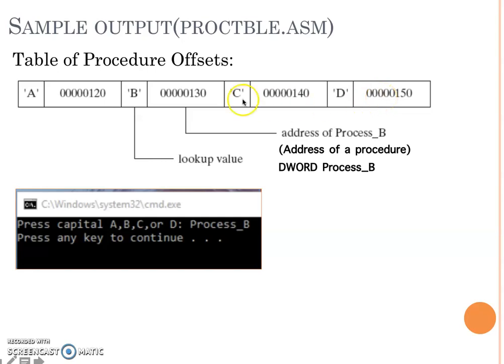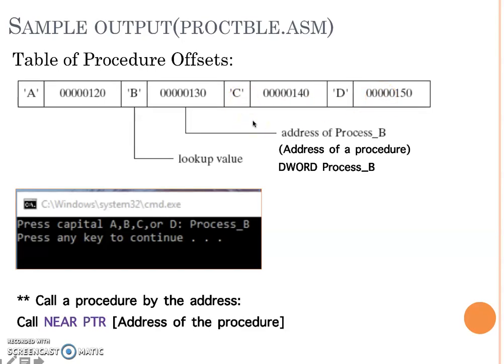In assembly language, to call a procedure we use the CALL instruction, right? However, if you only know the procedure's offset, that means its address, then we don't call the procedure name.